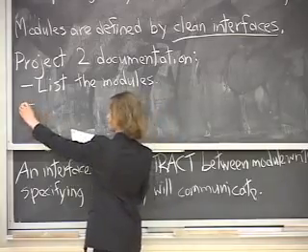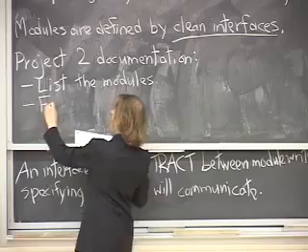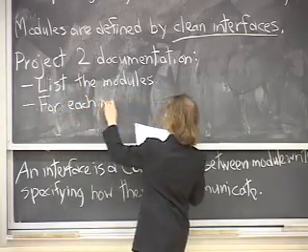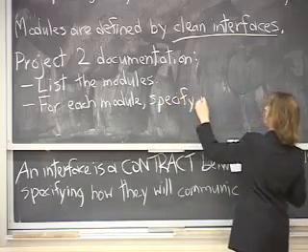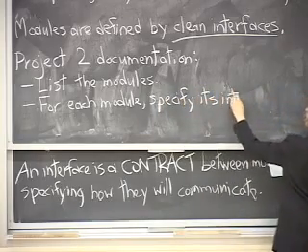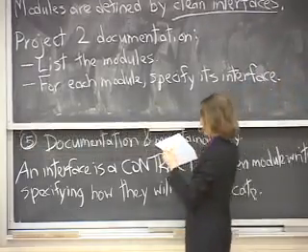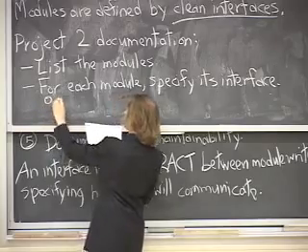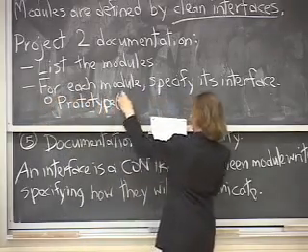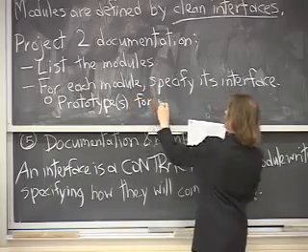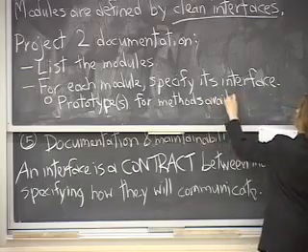Once you've made those decisions, then for each module you can specify its interface. This is how your project partners know how to write code that works with your code. So the interface includes, again, the prototypes for the methods that are available to external callers.